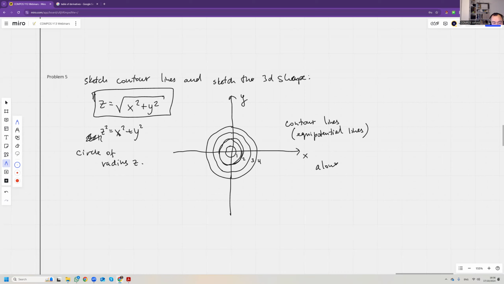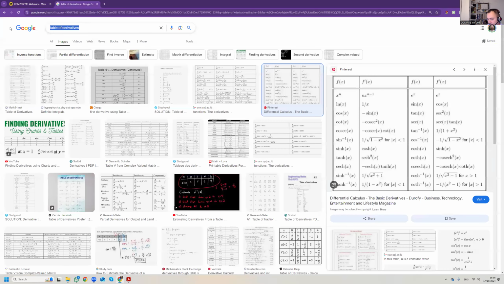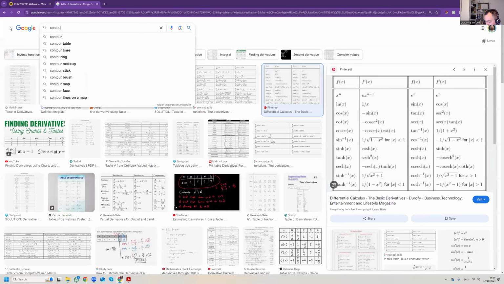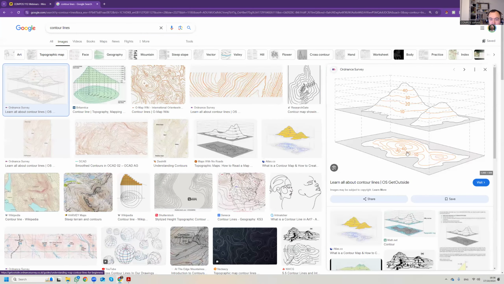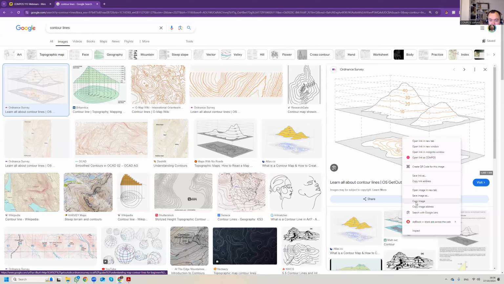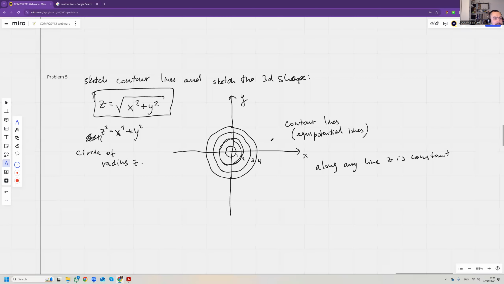Along any line, z is constant. So you can see contour lines like this on a map, in a very similar way.